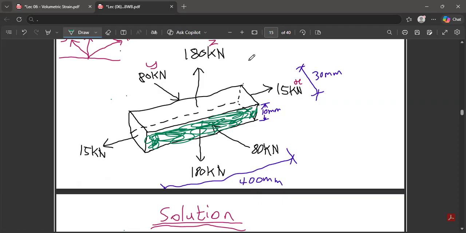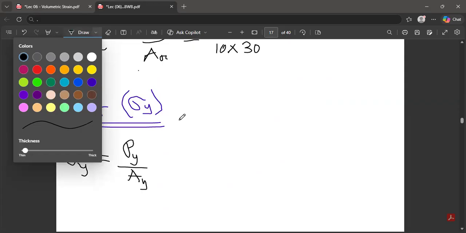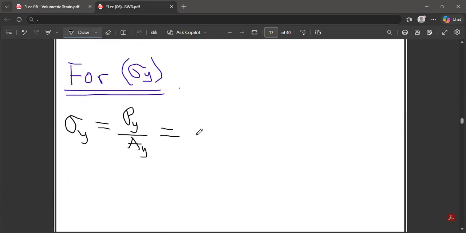So let's quickly go and do that together. This is equal to 80 times 10 exponent 3 all over 400 times 10. If you all punch this together, what are we going to get?